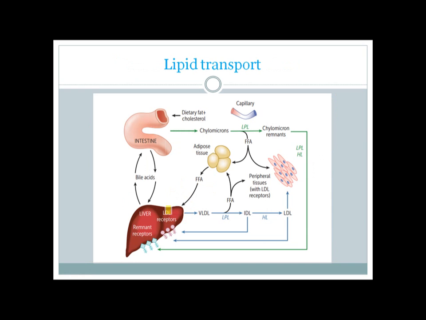So we can combine the metabolism of chylomicron, VLDL, IDL and LDL together. Here we have the intestines. If you ingest some fat, it will be digested and absorbed by your intestinal mucosal cells, where it will be formed into a big molecule, the chylomicron.